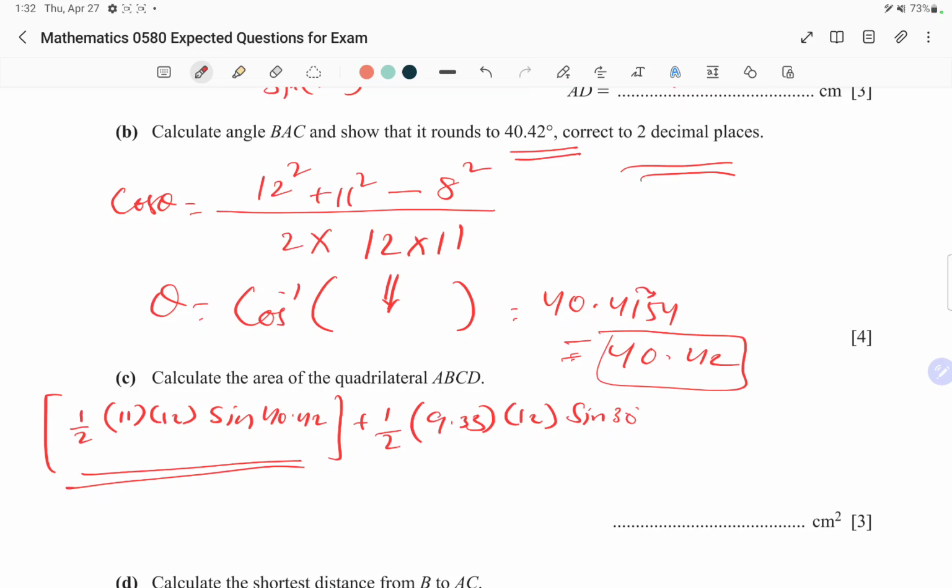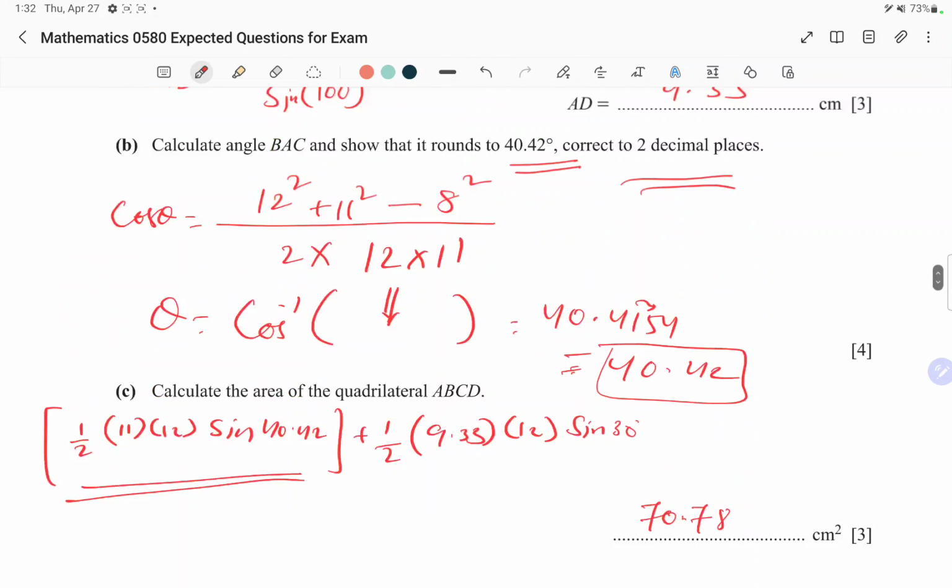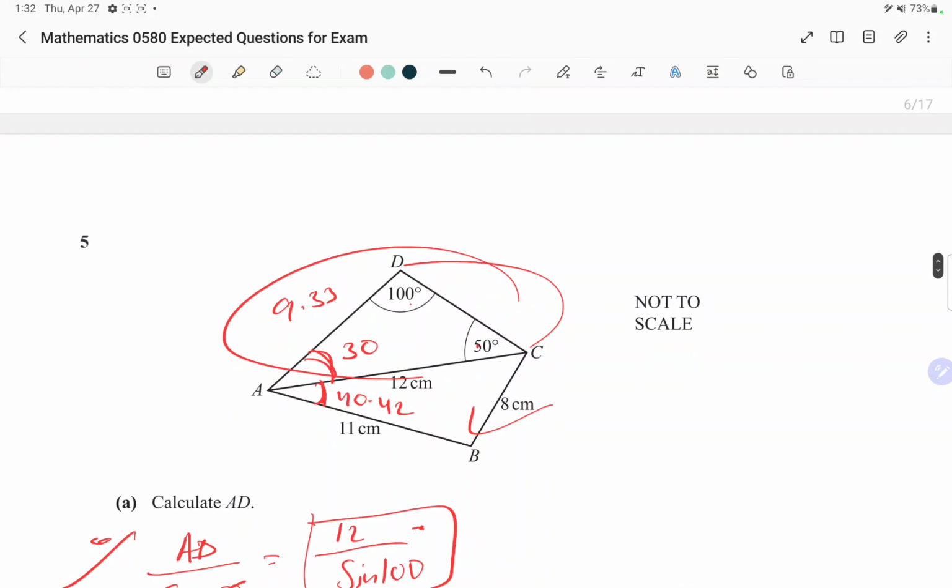So I got 70.78, which can be written as 70.8 also, no problem. Okay, now move to the next question that says shortest distance from B to AC.